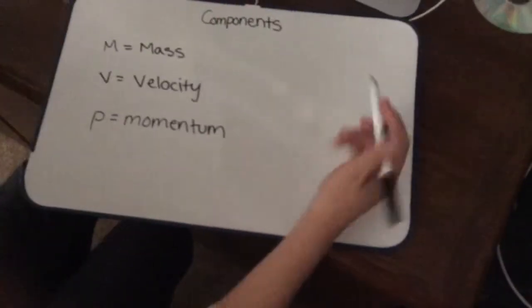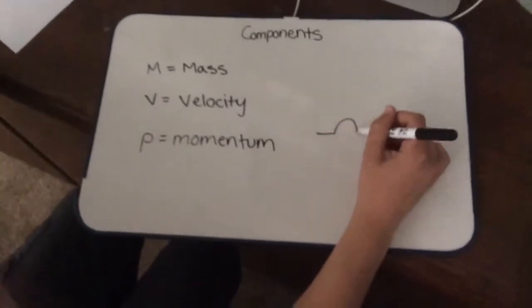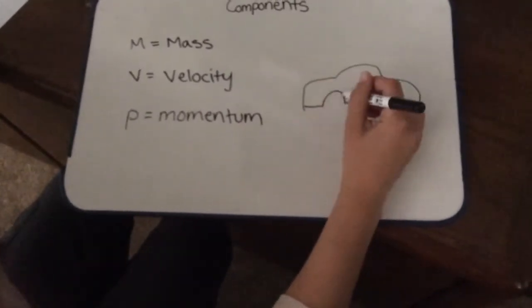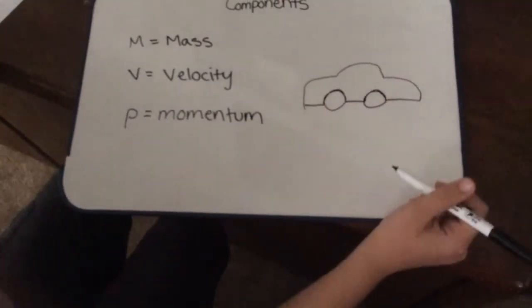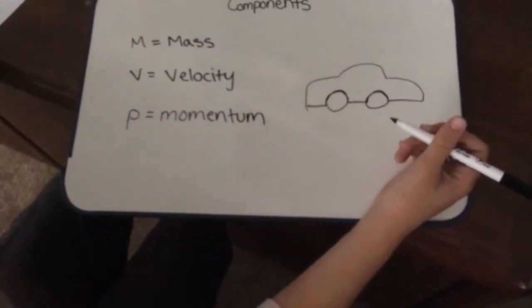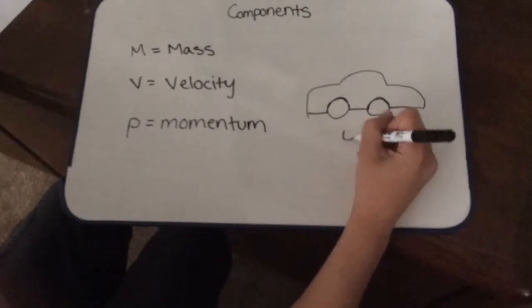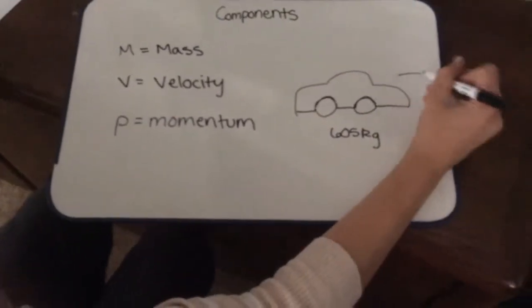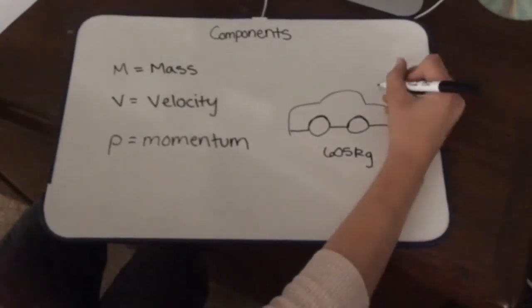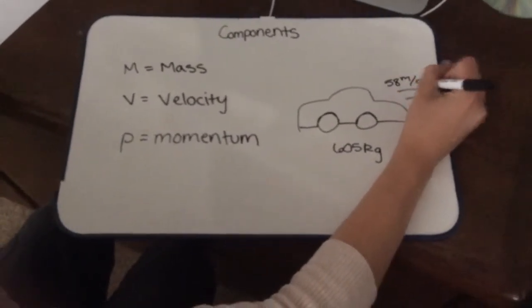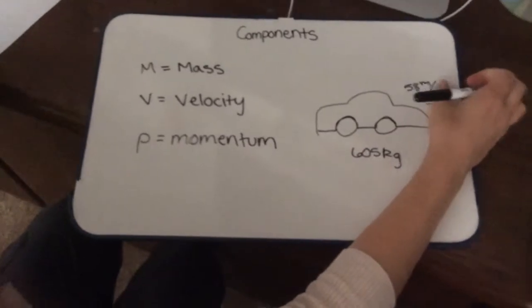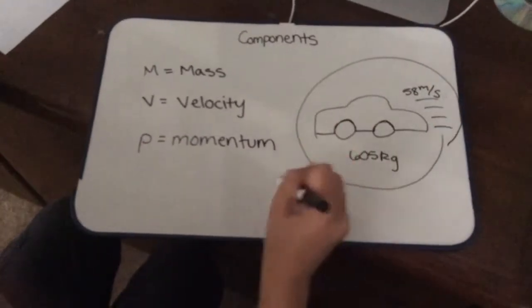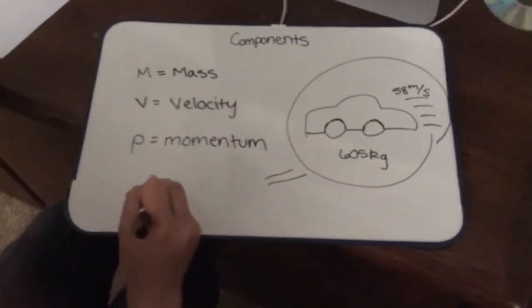Now, in a situation of a car driving, the mass would be the weight of the car, so we're just going to make up a number like 605 kilograms. And the velocity, which is 58 meters per second. And then this all equals together momentum.